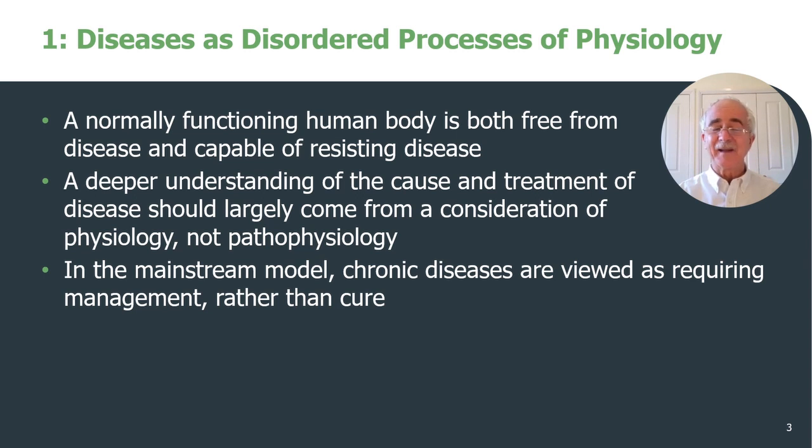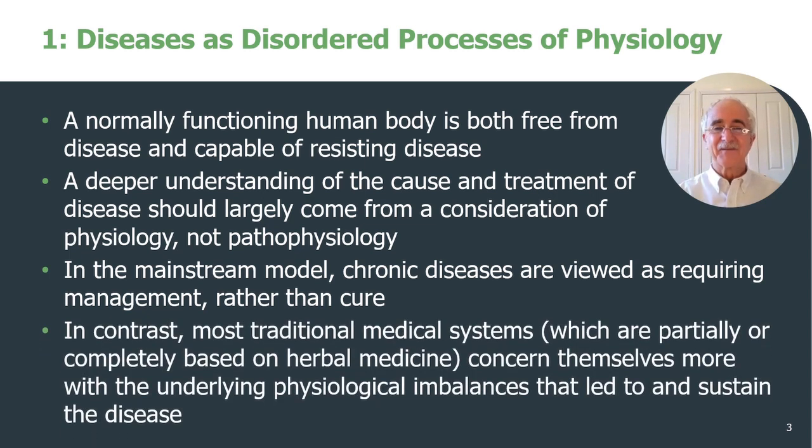And it's very rarely acknowledged that you can cure, for example, an autoimmune disease, and yet you can through a functional herbal therapy approach. Now, in contrast, the traditional medical systems, and here I'm talking about Ayurveda, traditional Chinese medicine, and so on, which are partially or completely based on herbal medicine, concerned themselves more with the underlying physiological imbalances that led to and now sustain the disease.